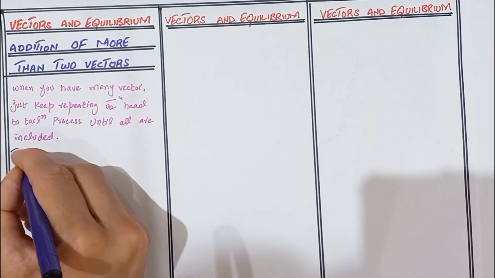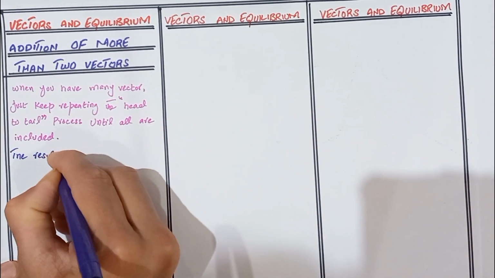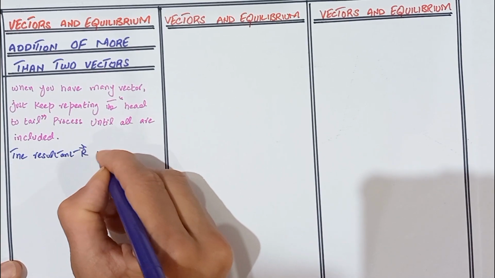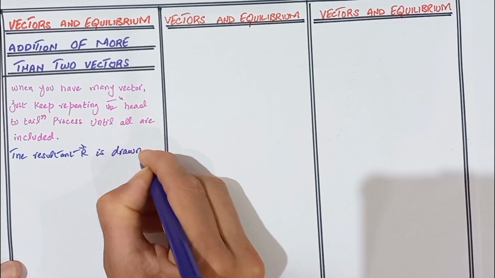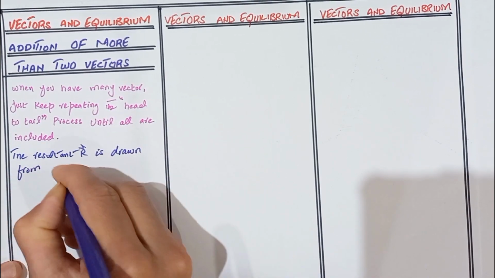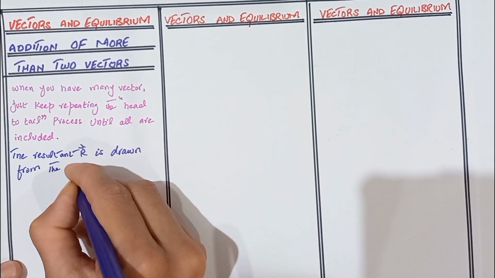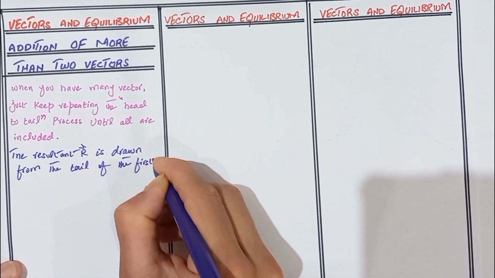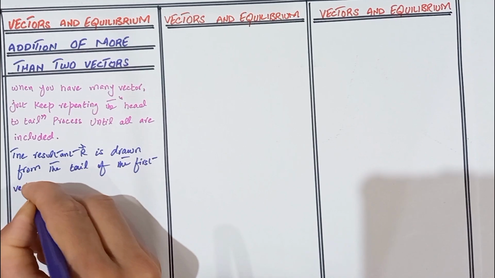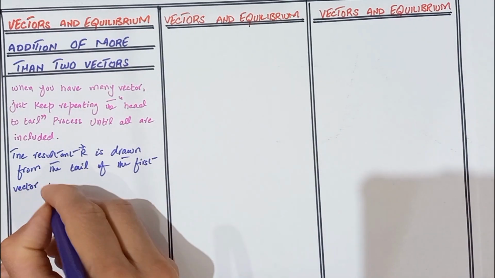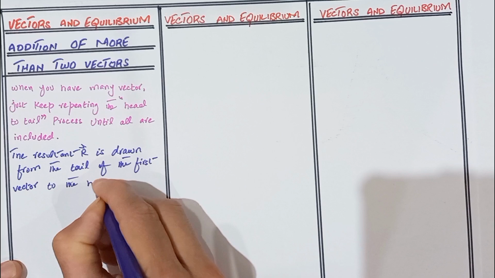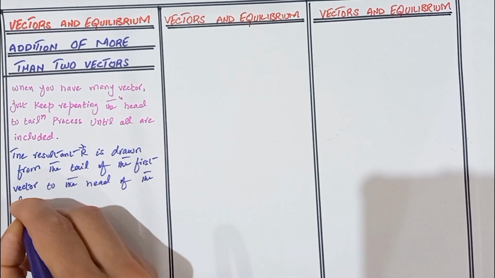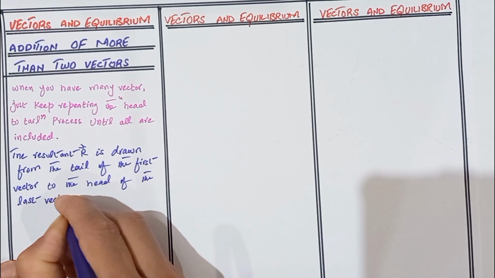The resultant vector is drawn from the tail of the first vector to the head of the last vector.